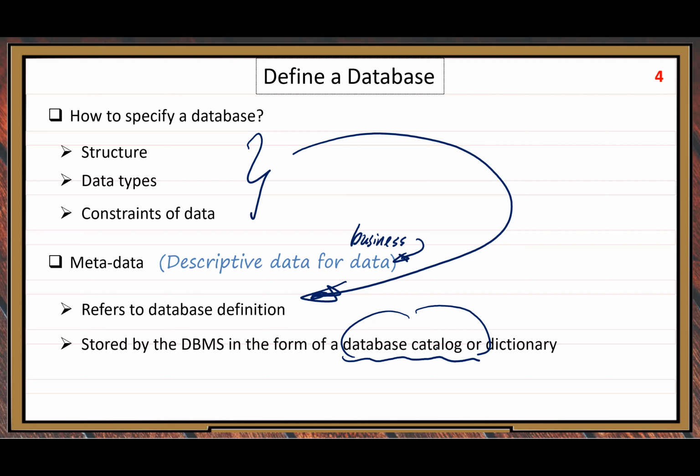That part is the database catalog. The metadata is stored there. So it's not your business data directly, but indirectly descriptive, supporting data in the catalog.